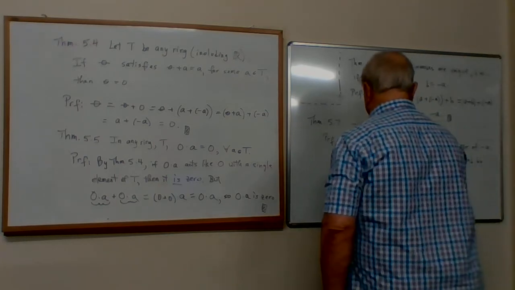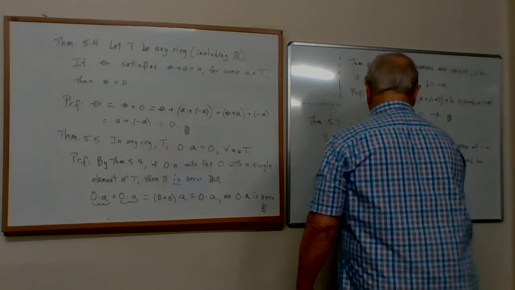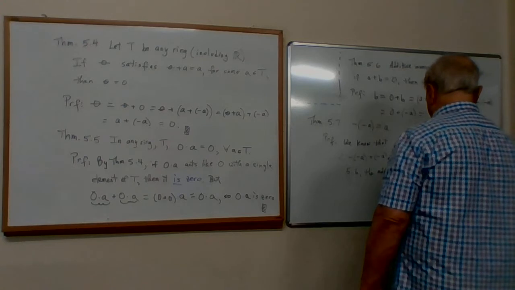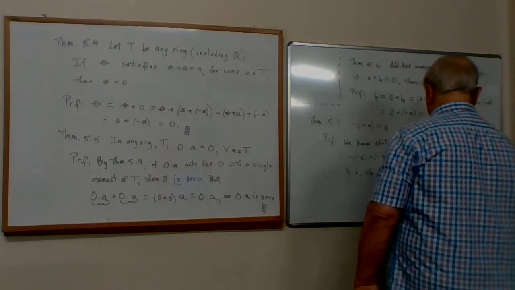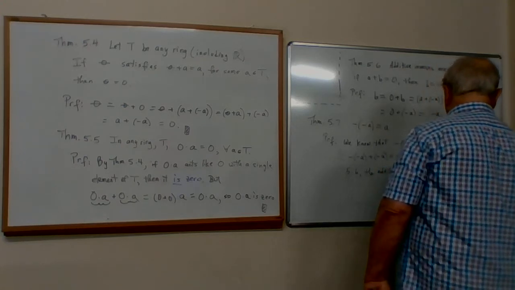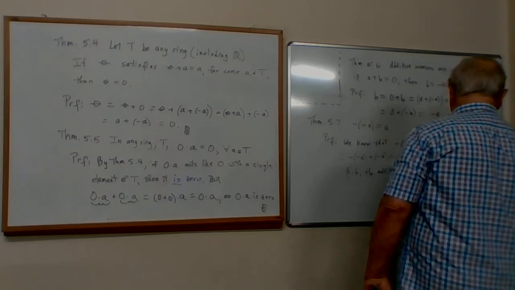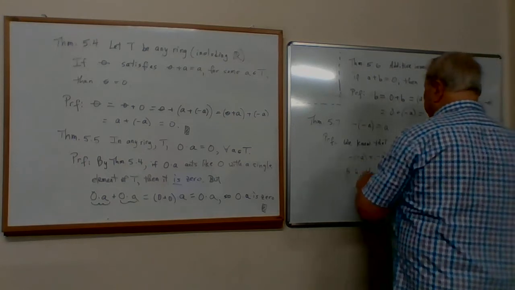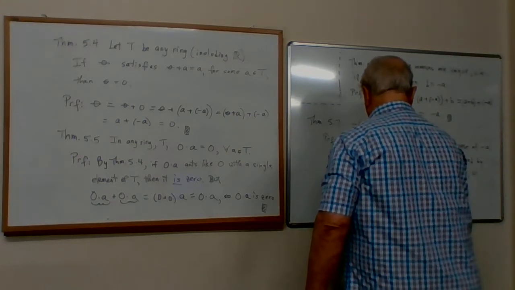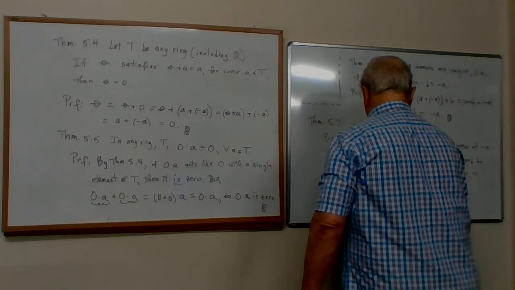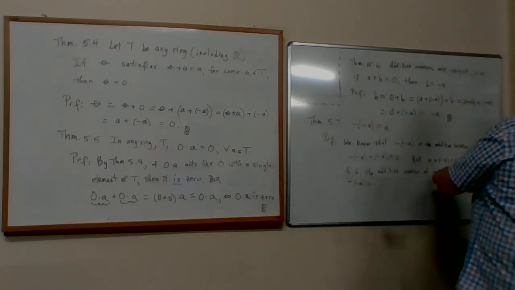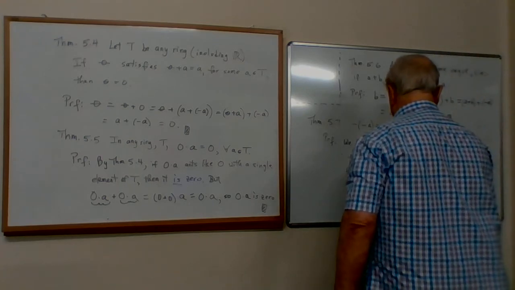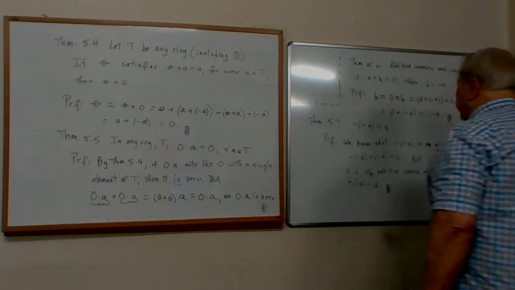And by 5.6, the additive inverse of negative A is unique, so negative negative A is equal to the additive inverse of negative A, which is A. Ta-da!